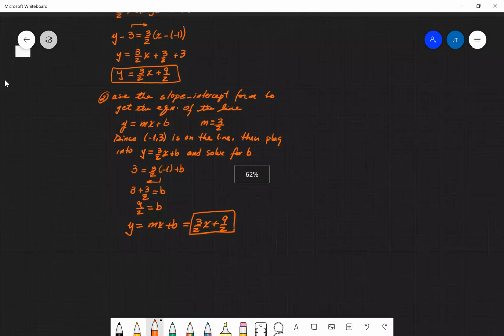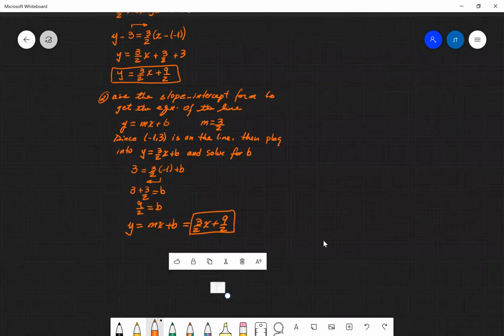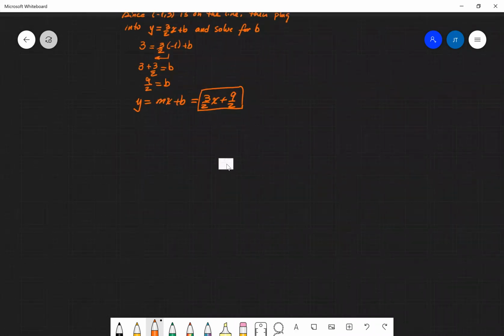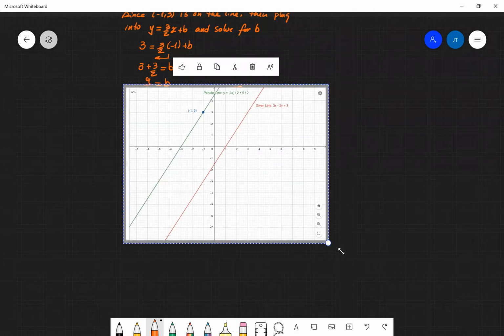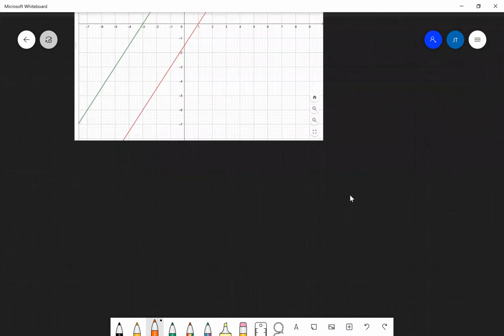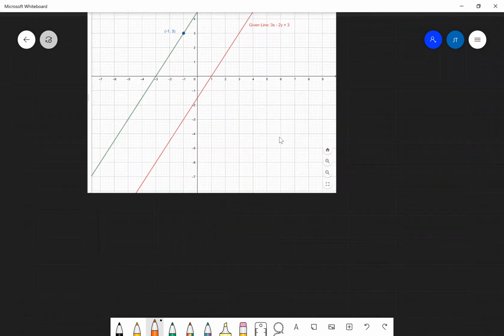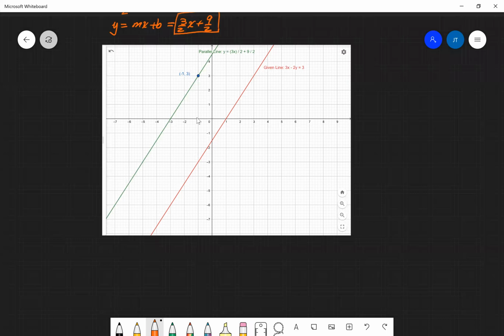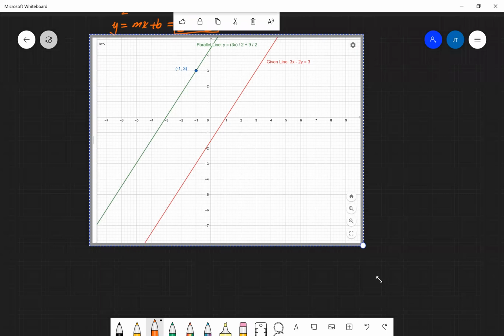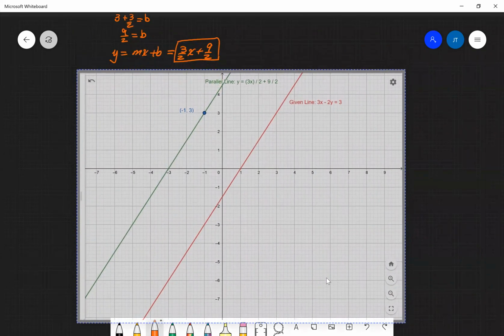Let me just show you something here. If you bring this down and make it a little bigger, this is the plot of the new line, the parallel line, right there. The green line is the parallel line.